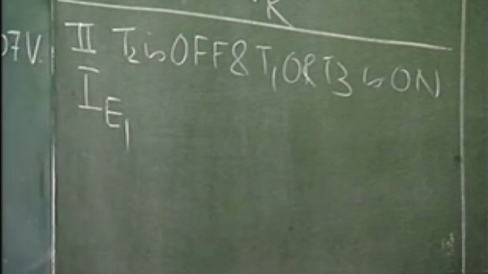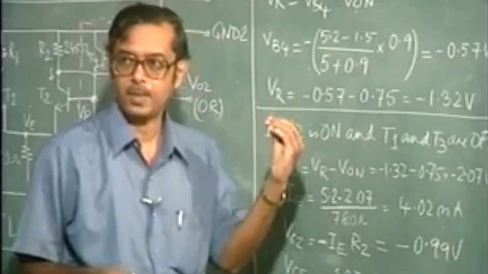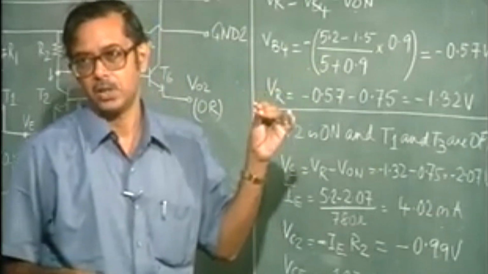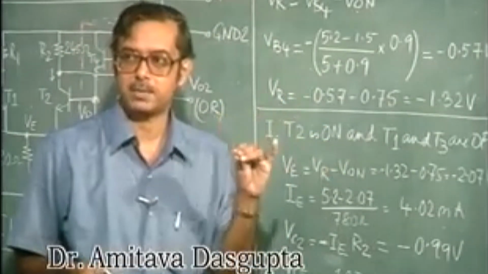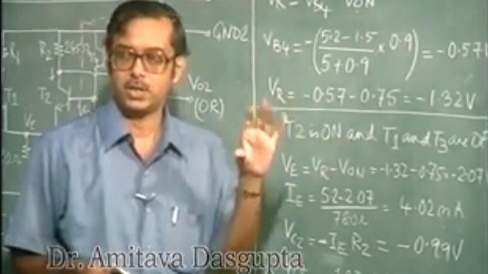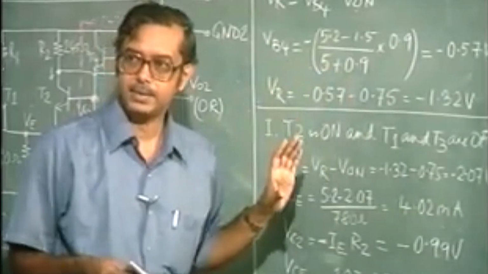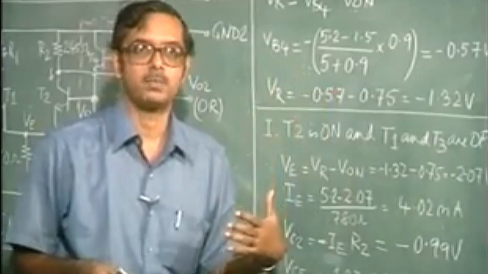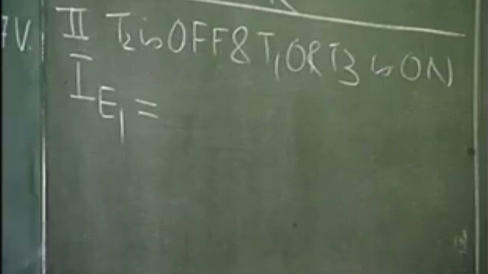T1 is on means that the input voltage at the base of T1 is equal to the input corresponding to logic high, and we have seen that the voltage corresponding to logic high is minus 0.9 volts. So, let us assume that the input voltage is minus 0.9 volts. The logic levels here are minus 0.9 and minus 1.74 volts. Minus 0.9 is logic high, minus 1.74 is logic low. So, if you assume that it is minus 0.9 volts, what is the current flowing?